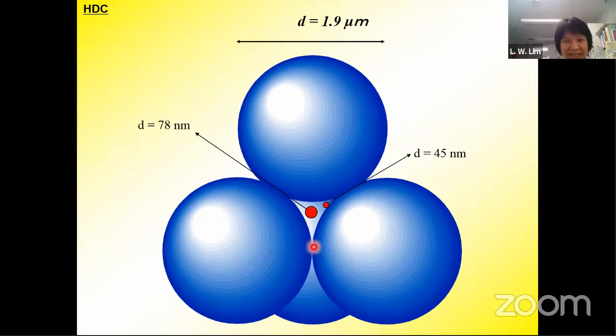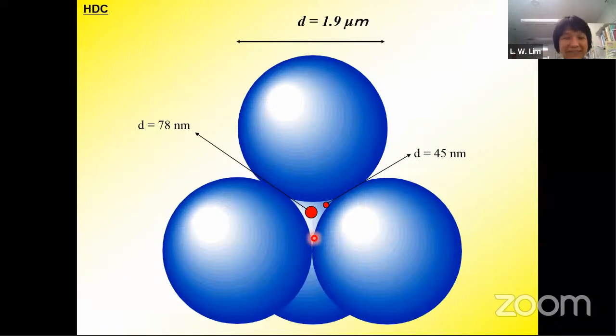Double interactions means you can have the size of the mesopore, and you also have the hydrodynamic effect, like the flow between the particles.